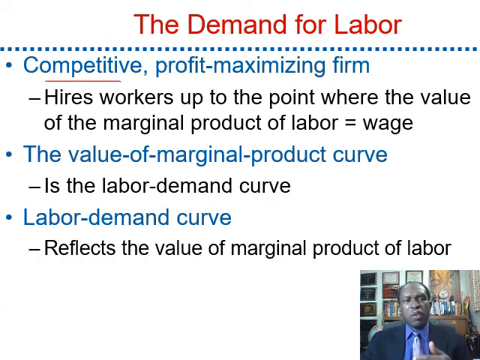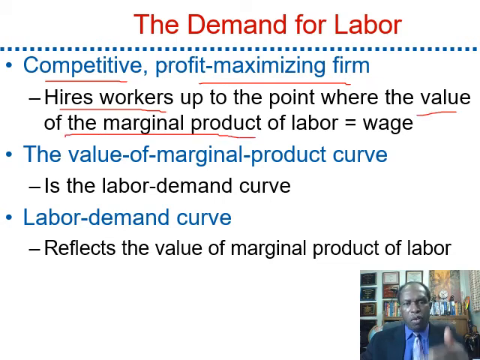So for a competitive firm, profit is maximized when the firm hires workers up to a point where the value of the marginal product of labor is equal to the wage. In other words, if the value of marginal product of labor is greater than the wage, firms should keep hiring.